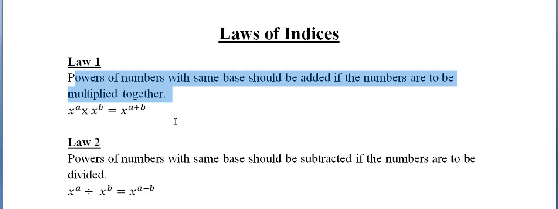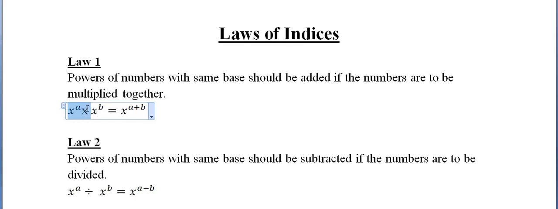I'm just telling you in a very simple manner that when there are numbers whose bases are the same, as we can see here in this particular example, these two numbers are to be multiplied with different powers. This a is a different power and this b is a different power.